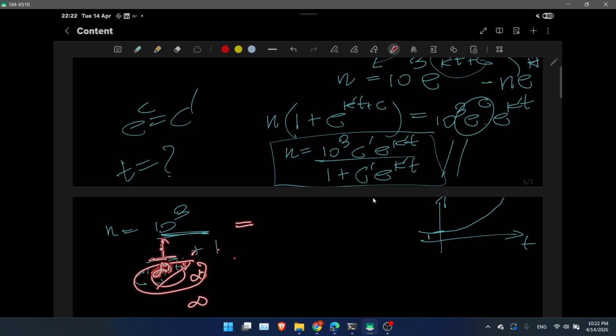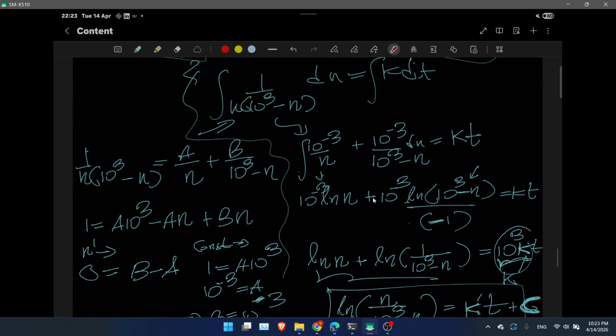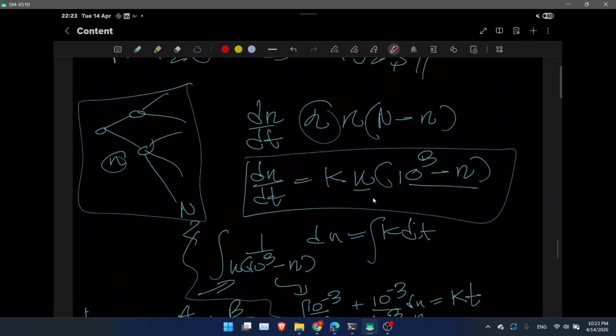So when t goes to infinity, n becomes 1000, as given in the question. So we came up with a really successful answer. When the time goes on, that's the maximum number of organisms that can live there. It happens because there are limited resources to live on. When you're out of resources, you're done. So that is the maximum number of organisms that can live there.